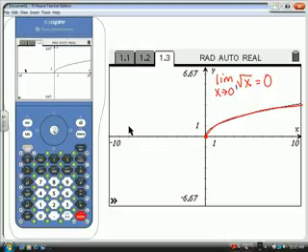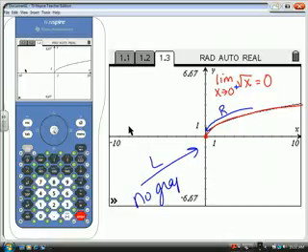Exactly. The limit from the right is 0. Agree? But there is nothing from the left. There is no graph. There's nothing. So the limit as x approaches 0 from the left of this doesn't exist.